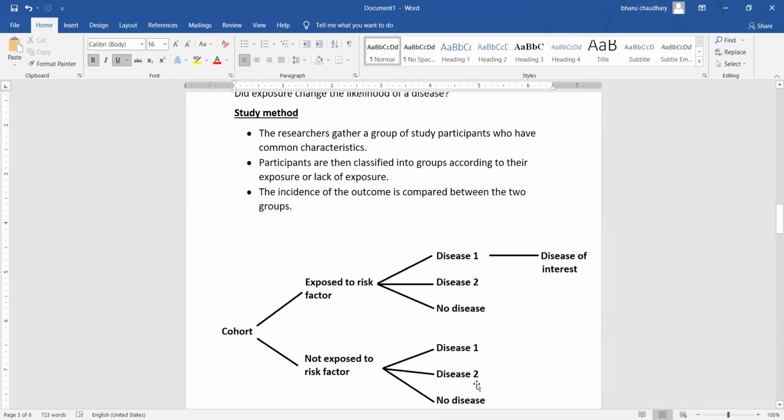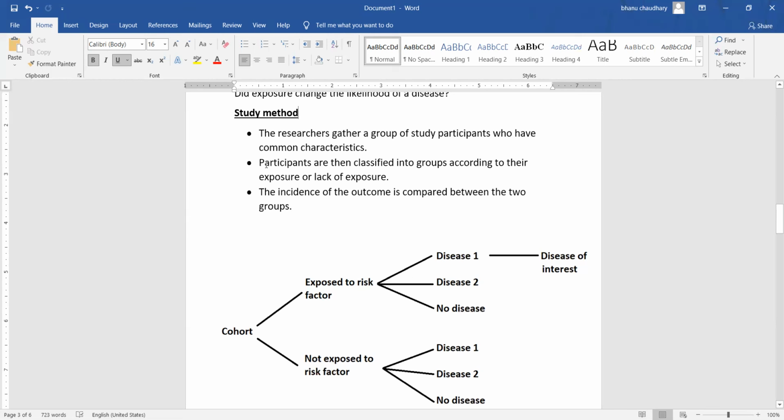Let's say you now want to choose the disease of interest as lung cancer, which is disease 1, and then you will compare the prevalence or the incidence, or you can say the frequency, of the disease, the lung cancer, in the exposed group and in the non-exposed group.